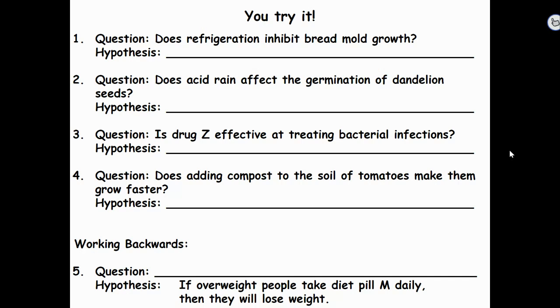So I want you to try it here for just a second. What I want you to do is pause this video and then see if you can create a hypothesis from these 4 questions. So question 1, does refrigeration inhibit bread mold growth?